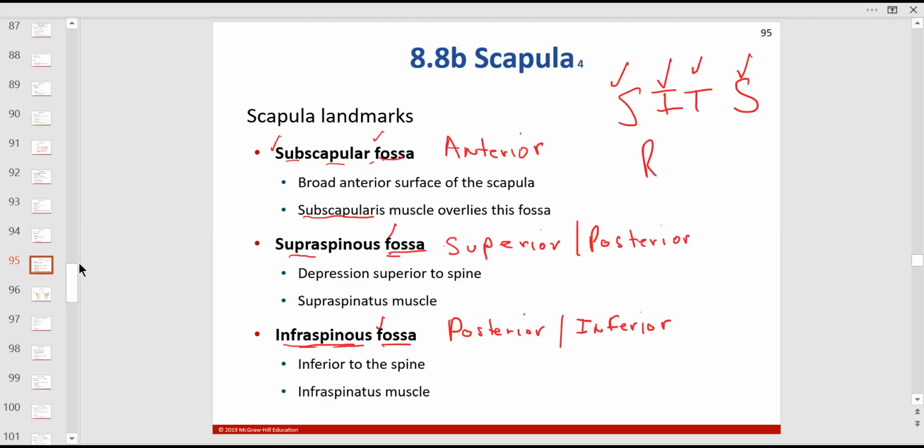So these are all your rotator cuff muscles. So supraspinatus, infraspinatus, teres minor, and subscapularis. So they all have origins on the scapula. Teres minor has an origin on the lateral border of the scapula.